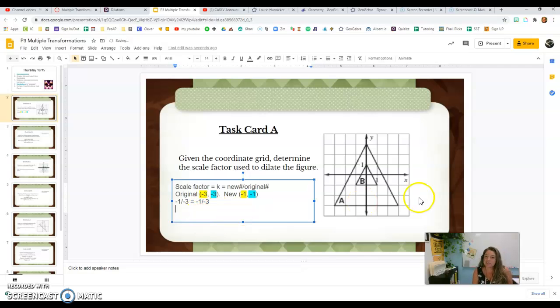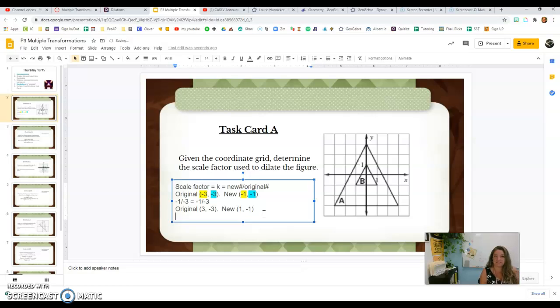Okay, let's go look at another point. Let's come over here to this side of the triangle. The coordinates of this original one are +3, -3. And the new point on triangle B on the side that corresponds is +1, -1.